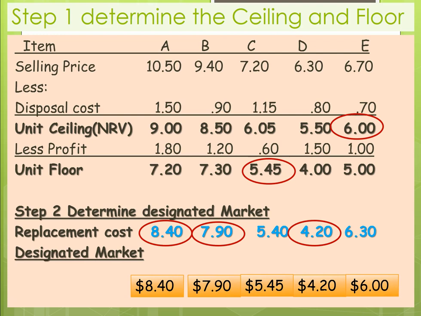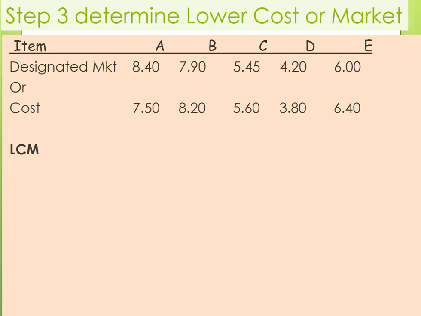So now we have our designated market. Now we're going to compare our designated market to our cost and determine which one is lower. For item A, it obviously is our cost. For item B, it's going to be the designated market.